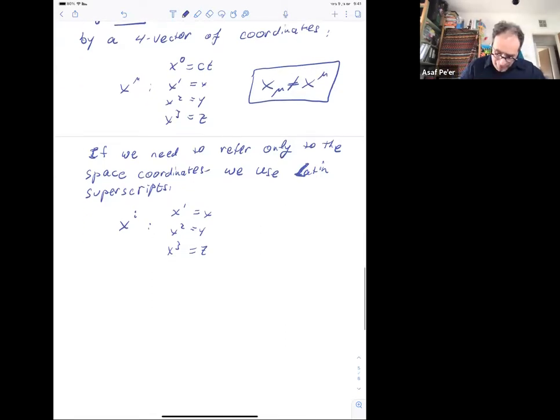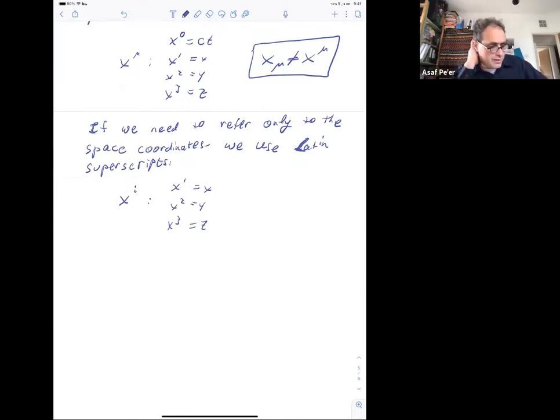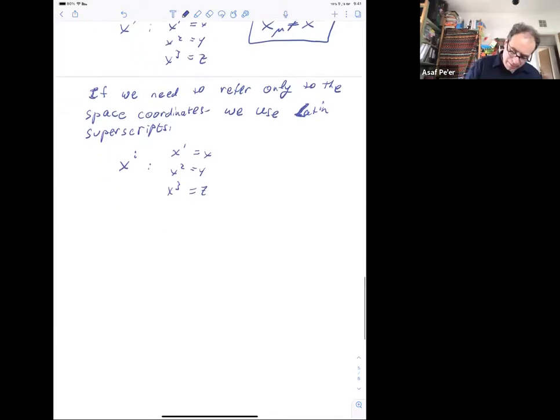Now, before we proceed, I'm going to introduce a new notation that is going to write the interval in a more compact form. For that, I'm going to introduce a 4x4 matrix. It's a very special and important matrix. It has a special name. It's called the metric.